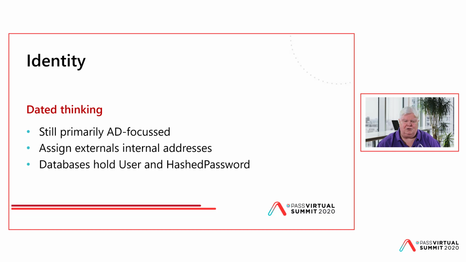If you look at the problems that companies like Microsoft and Google and Yahoo have with identity, they have thousands of engineers working on this sort of thing, and they still run into problems. So if you find yourself building your own identity system, you really should be reminding yourself that this is not the cleverest thing you're ever going to do.